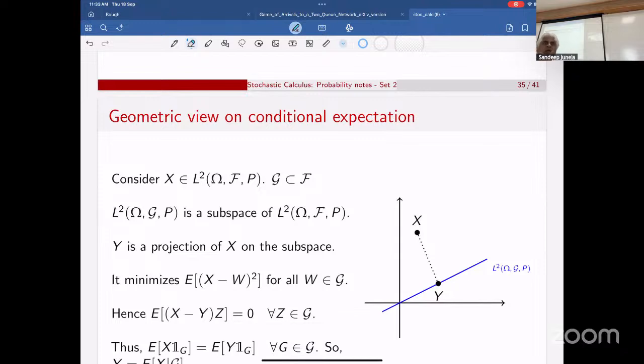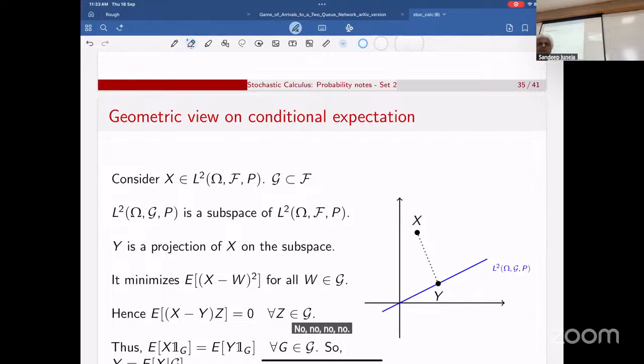About the Radon-Nikodym derivative? That's only the case for L1. That's right. Now I'm assuming that my X belongs to L2 space.